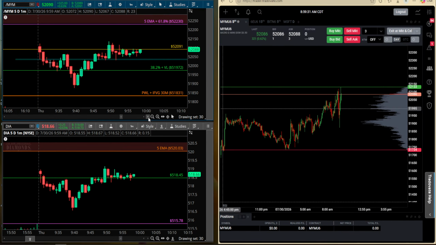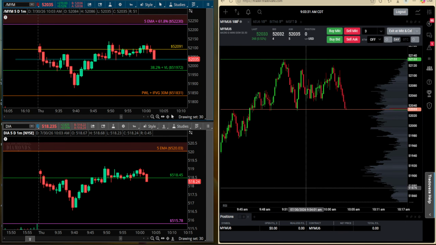Let's see what SPY and QQQ are doing. So SPY is currently trading. SPY has like a buying continuation to upside.